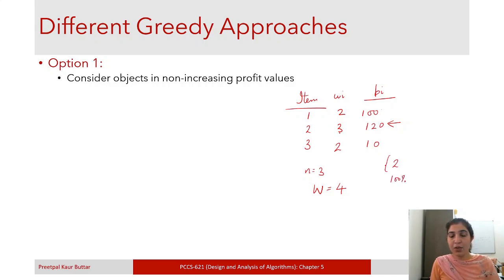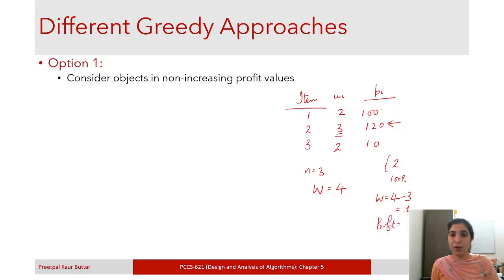Because the weight of item 2 is 3. If we pick 100% of it, we still have space for weight 1 inside our knapsack. So the weight left is 1 if we pick 100% of item 2.